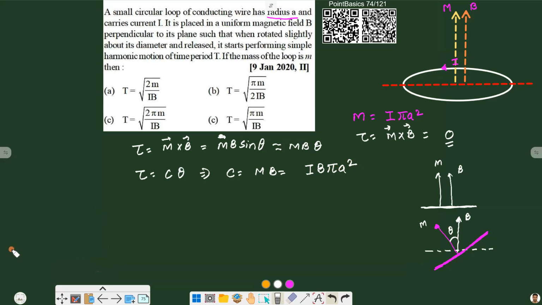Now from SHM, we know that omega is given by root of K by M for a non-rotating body, and root of C by moment of inertia I for a non-point object which is rotating, where C is the restoring constant and I is the moment of inertia.